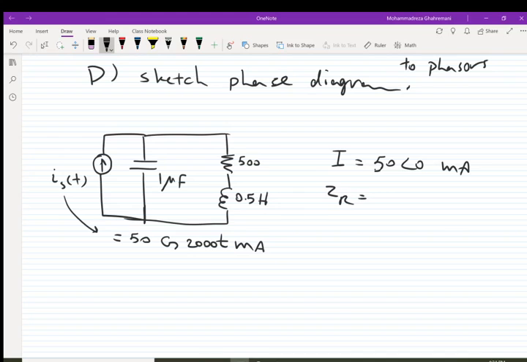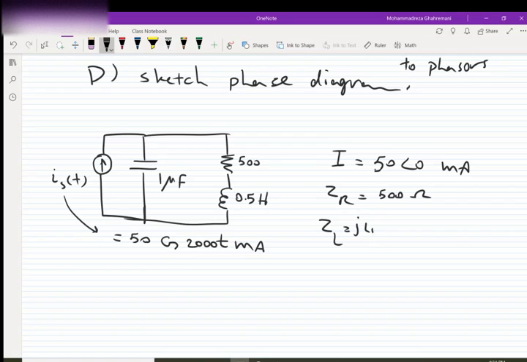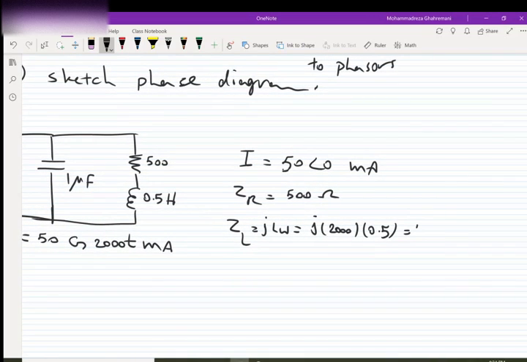ZR is 500 ohms. ZL is J L omega, which is equal to J 2000 times 0.5, which is equal to J 1000 ohms.